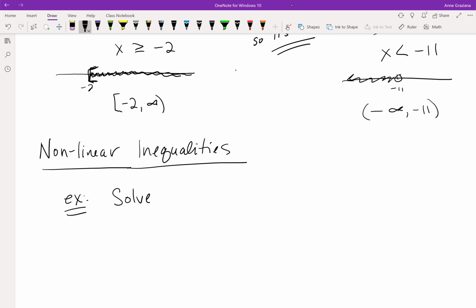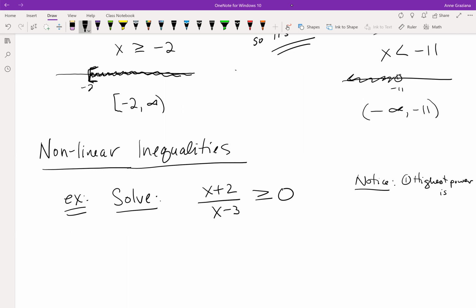Solve x plus 2 over x minus 3 greater than or equal to 0. Okay. So notice the highest power is 1. So that doesn't tell us anything, but what does tell us something is the variable is in the denominator.